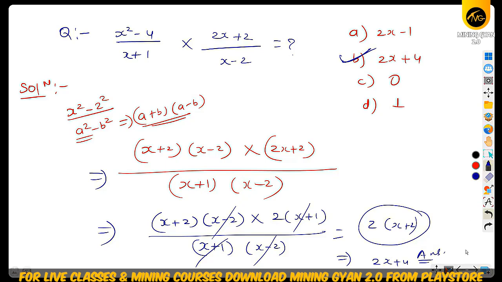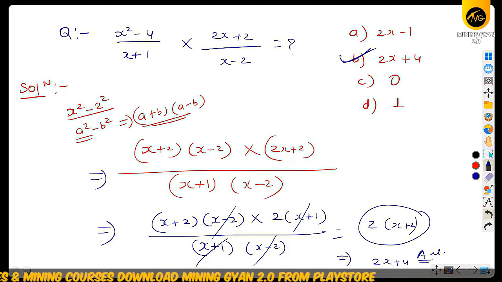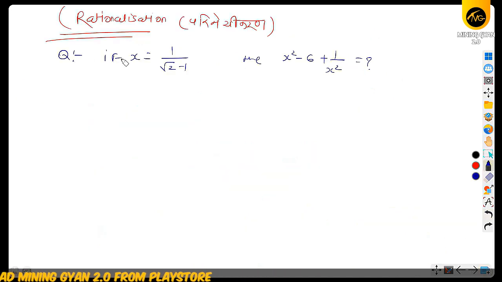Another type of example is based on rationalization. That means parmeikaran in Hindi. Parmeikaran, that means rationalization. If x is equal to 1 divided by (root 2 minus 1), then you have to find the value of x square minus 6 plus 1 divided by x square.